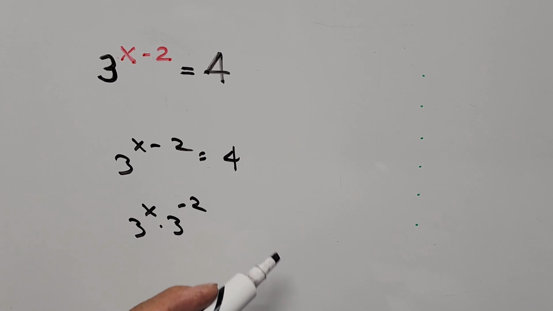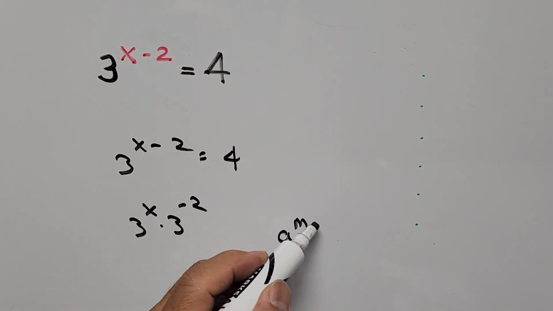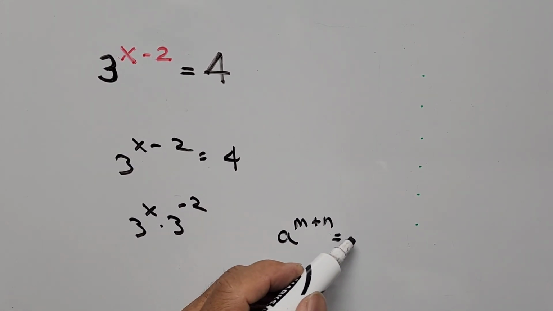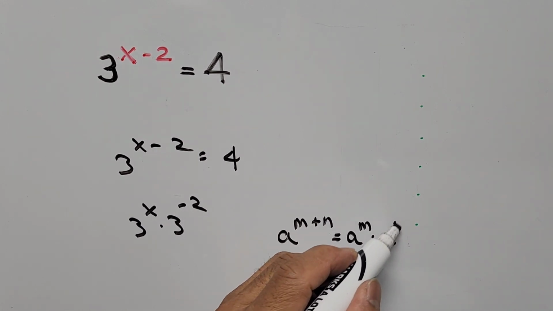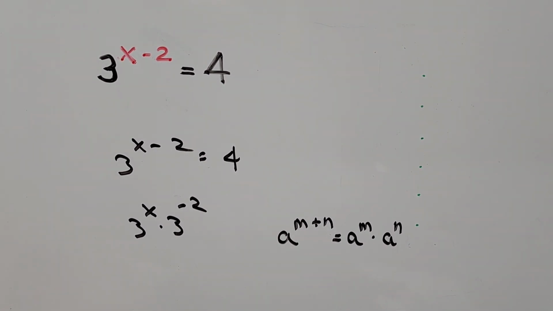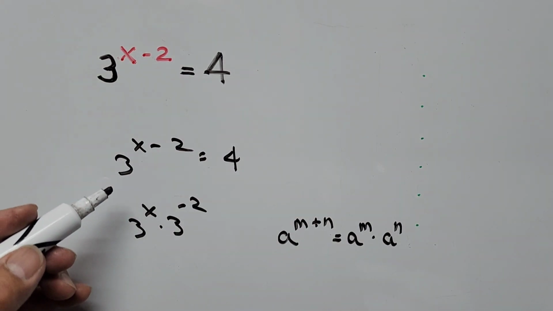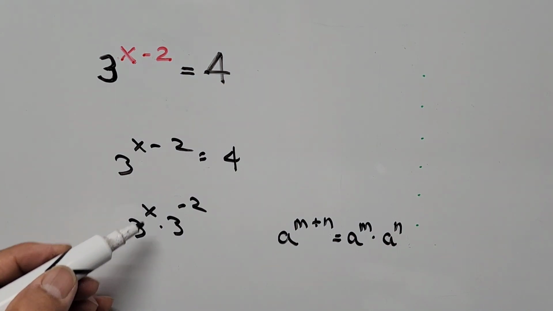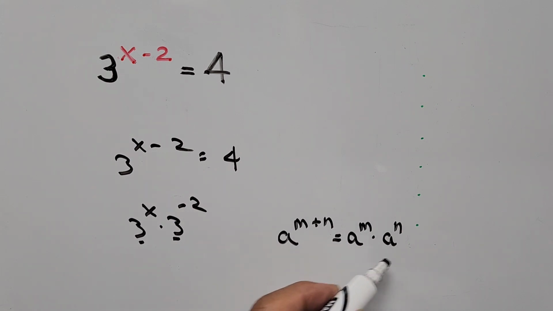From the exponent formula, if we have a to the power of m plus n, this is equivalent to a to the power of m times a to the power of n. We transform the left-hand side from the x minus 2 exponent, we separate them, and it becomes 3 to the power of x times 3 to the power of negative 2. So we followed this formula.